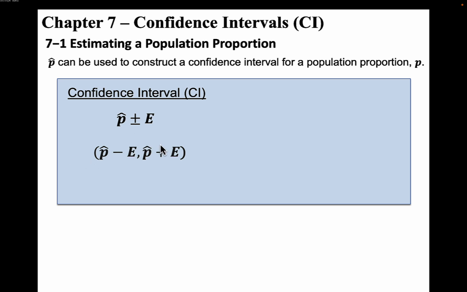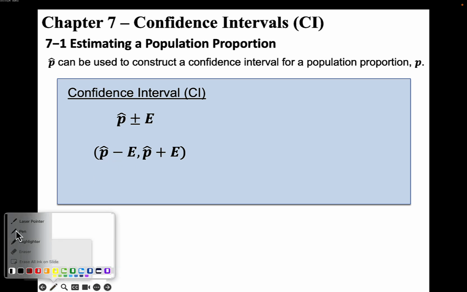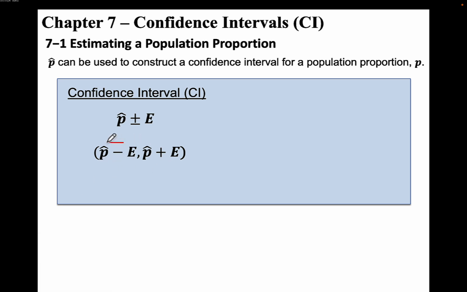We could also write it in interval notation, where we open parentheses, and we put our lower limit. Okay, this right here is the lower limit. Using the temperature example, this would be 55 degrees minus 2 degrees.